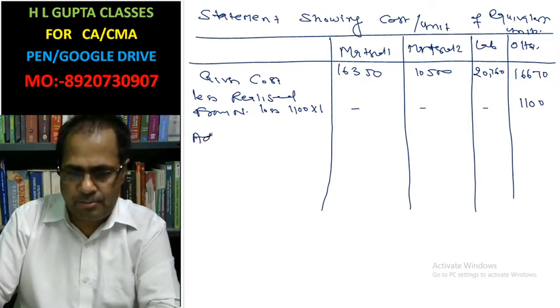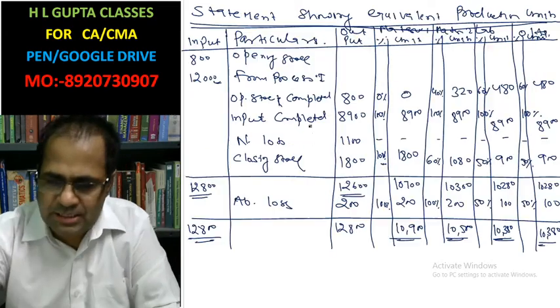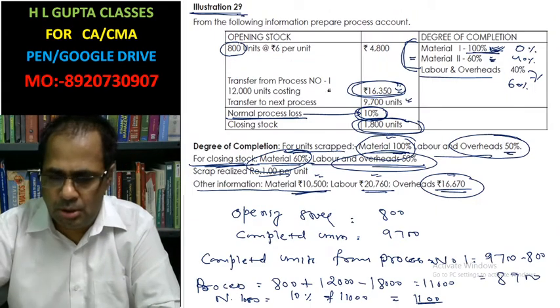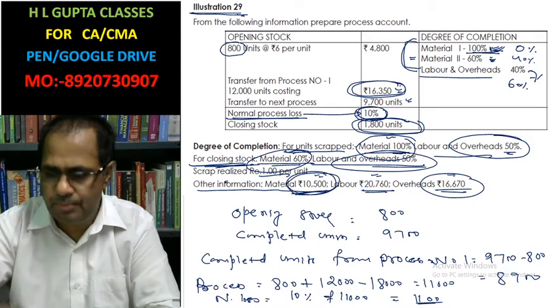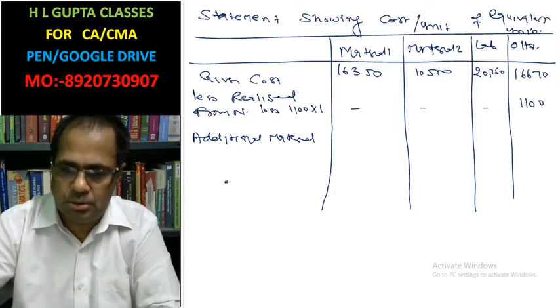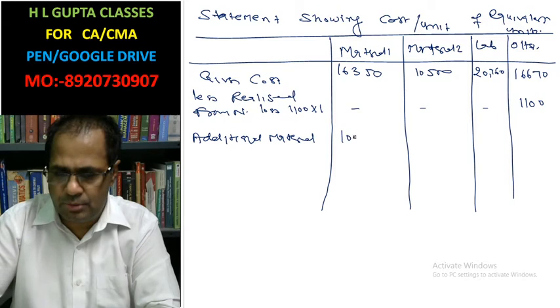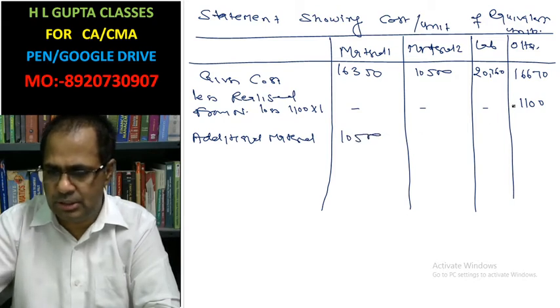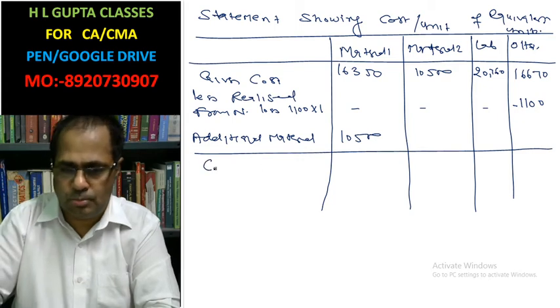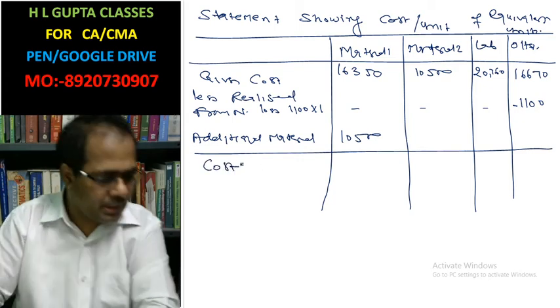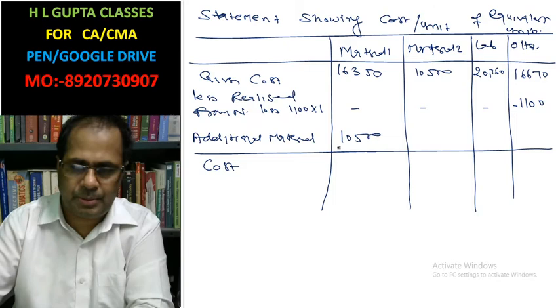Additional material cost. What is the additional material cost? That additional material is given at 10,500. This is the less cost. 10,500, 16,350.